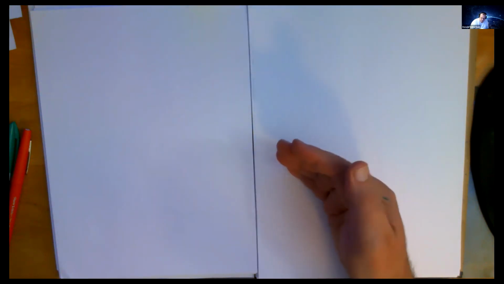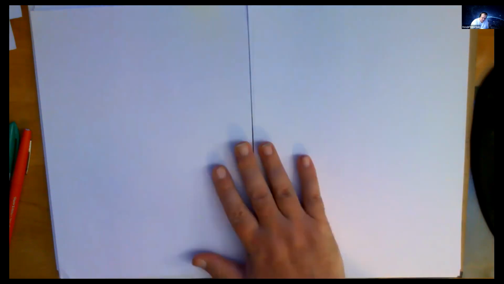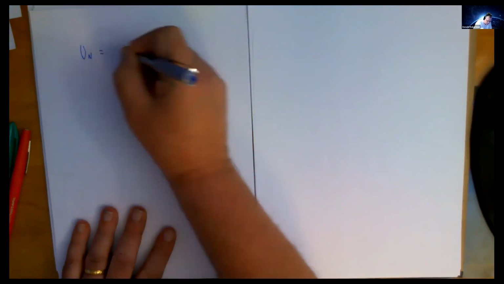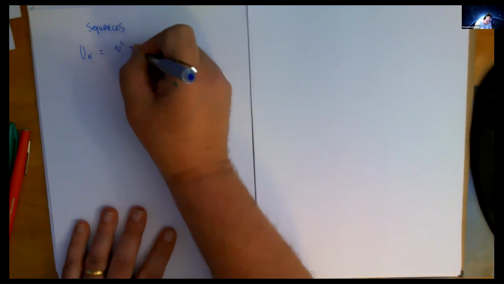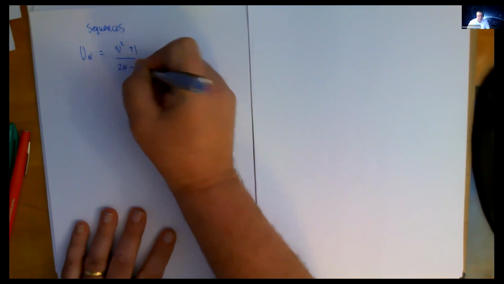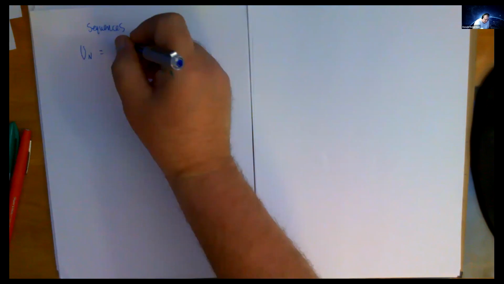We've done the sequences. We've done the series. We've talked about convergence. We are good. We are back to sequences again. Suppose you tell me the formula for a sequence.